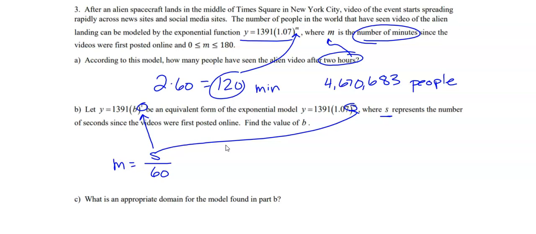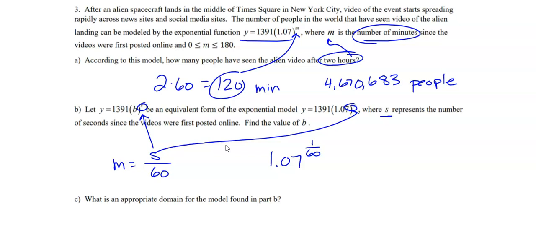Okay, so if we're going to rewrite our b, again, we don't need to mess with a. We're going to have the same starting value, but to find our b, we need to take that 1.07, okay, and raise it to the 1/60th. Not to the 60th this time, because we're going the other direction.